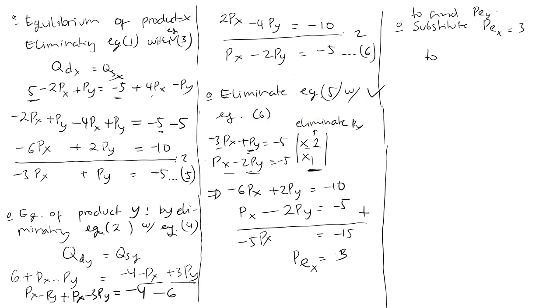So I will use equation 6 because it's much simpler. Okay, what is 6? Px minus 2Py equal to minus 5. So Px here is changed with the equilibrium price 3, minus 2Py equal to minus 5.